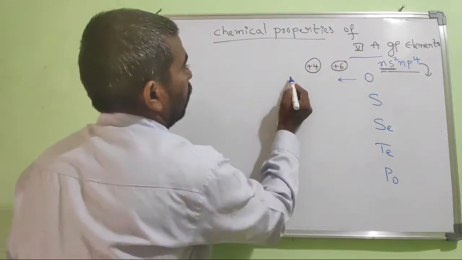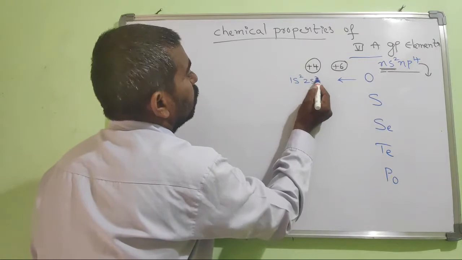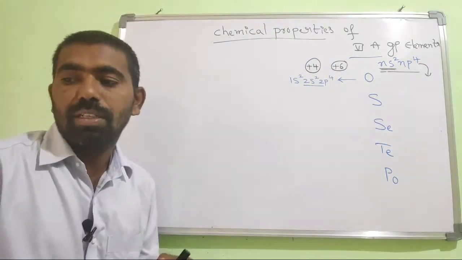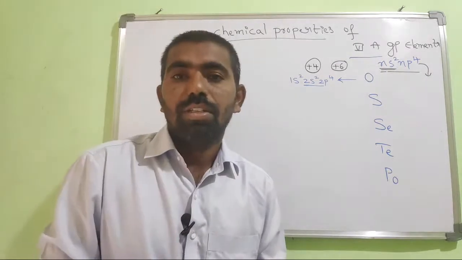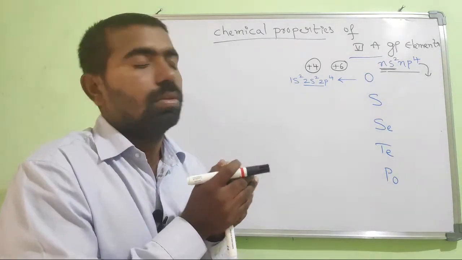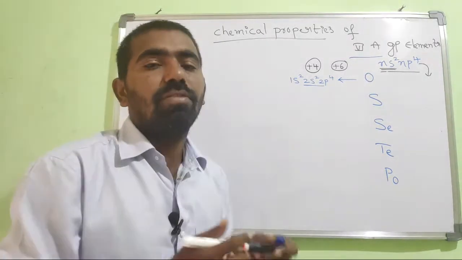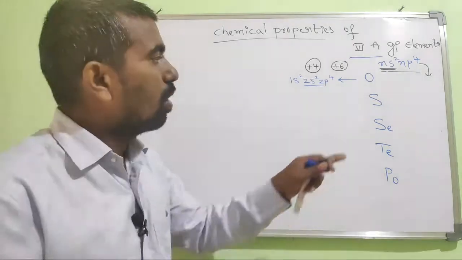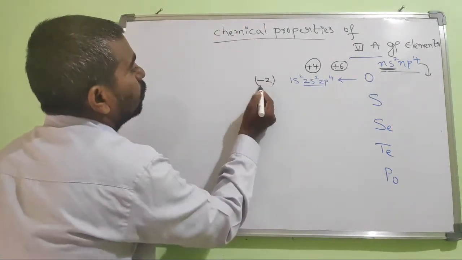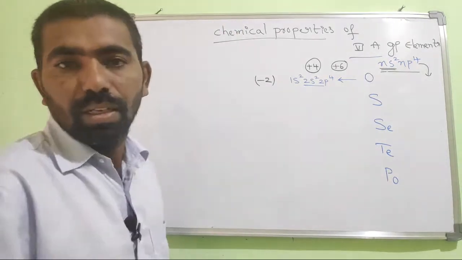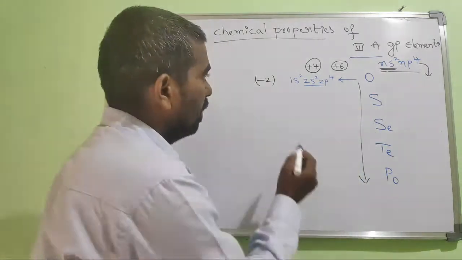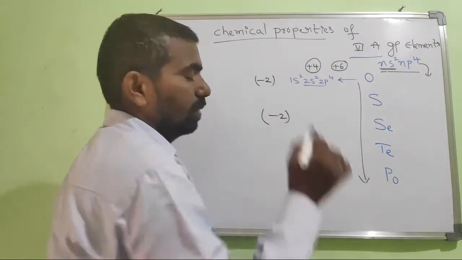Oxygen's electronic configuration is 1s2 2s2 2p4, with 6 electrons in the outer shell. Only 2 electrons are needed to attain an octet configuration, so it always exhibits the -2 oxidation state, and all these elements also exhibit -2.